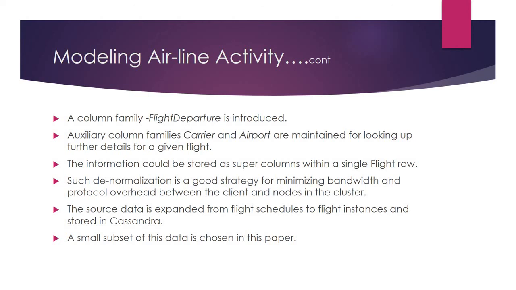Such denormalization is a good strategy, especially in Cassandra, because it minimizes bandwidth and protocol overhead between the client and the nodes in the cluster, so that it is more available and highly consistent. That's the main reason we're using Cassandra.